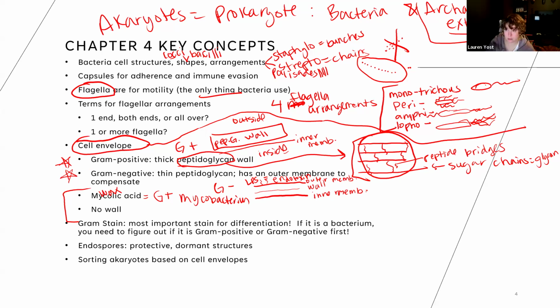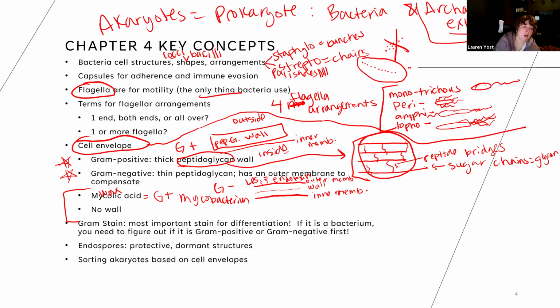Mycobacterium, the whole word. This is Mycobacterium tuberculosis, the organism that causes tuberculosis. Mycobacterium leprae causes leprosy. Mycobacterium avium is also another cause of tuberculosis, specifically associated with HIV that's uncontrolled and leading to AIDS. And then Mycobacterium smegmatis, but they're all named Mycobacterium something.